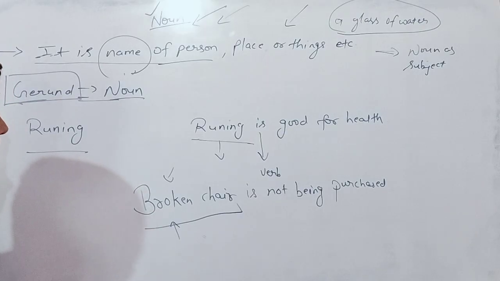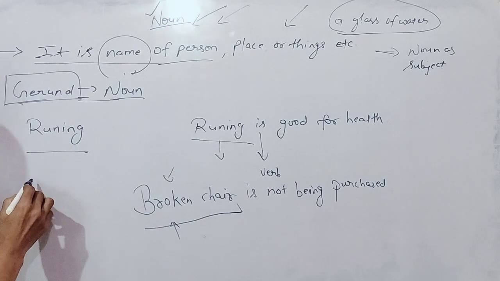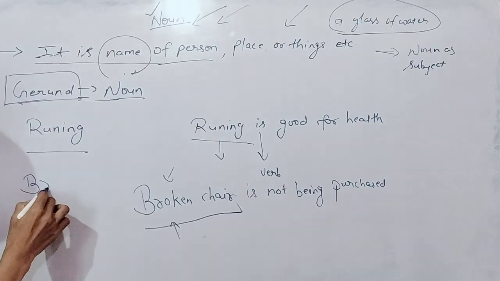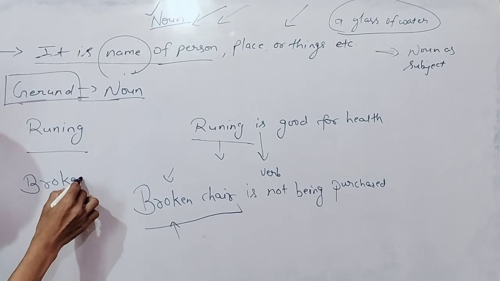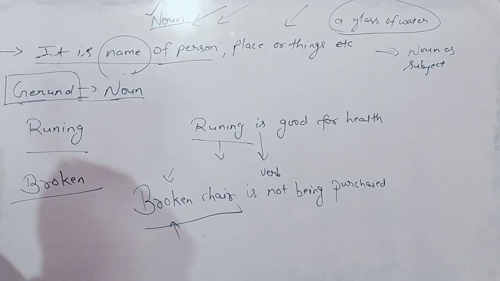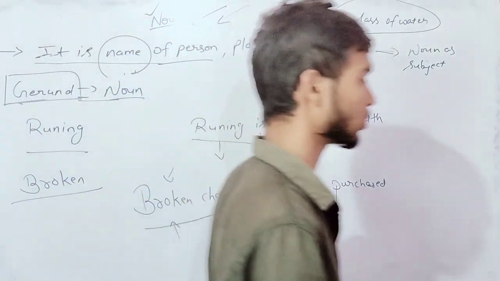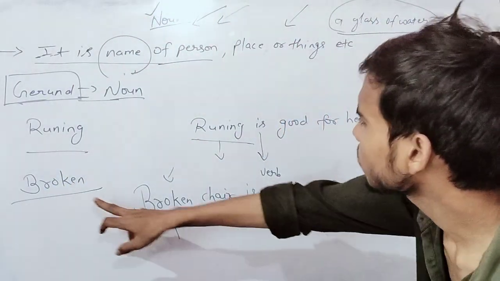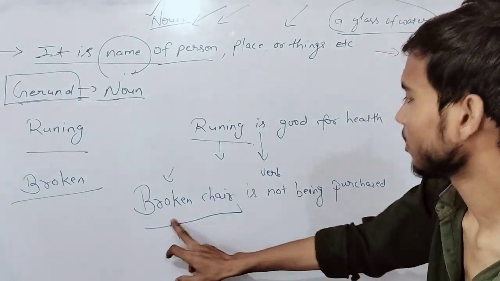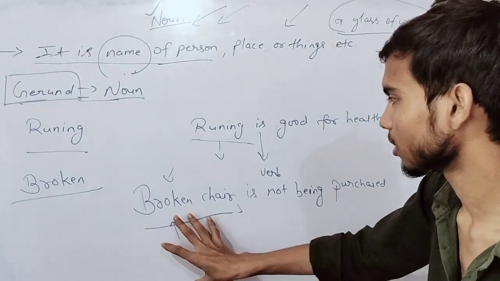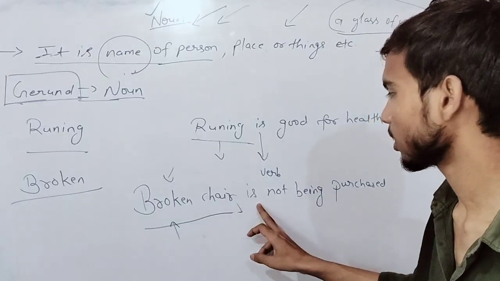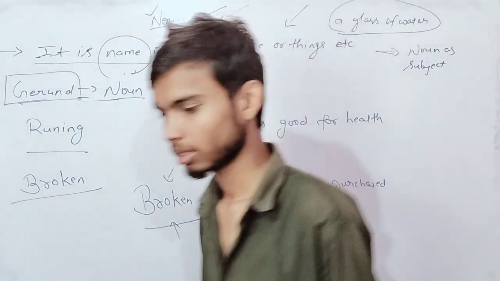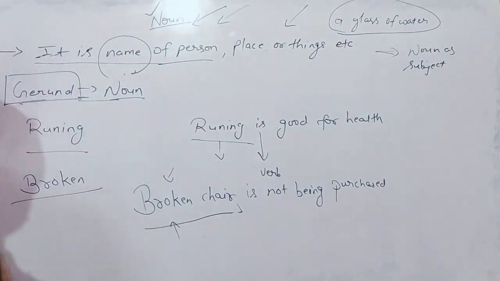Now here, as you know, broken is considered a verb. Then why are we using this broken here with the noun? Why not here with the helping verb? Why are we using this as part of the subject?